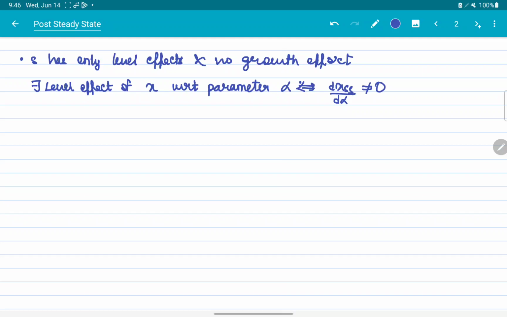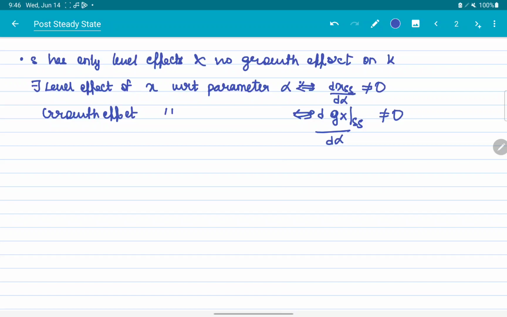A growth effect of x with respect to alpha means that the growth rate of that variable in steady state depends on alpha.